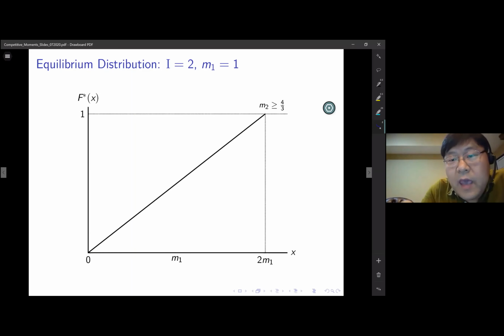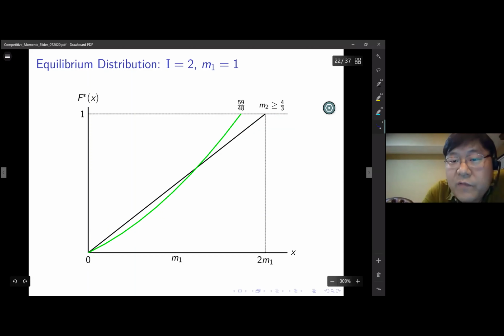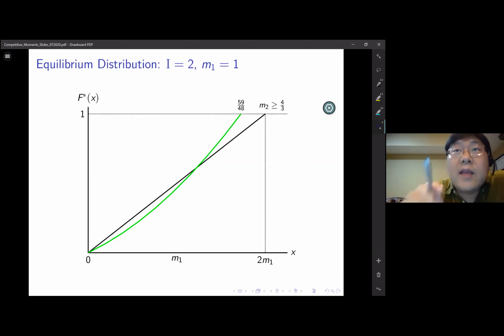If M2 is greater than or equal to 4 over 3, so it's sufficiently large, then only the first moment constraint binds. In this case, the equilibrium F star is linear. If you go below 4 over 3, for example 59 divided by 48, now lambda 2 is going to be positive, so the second moment constraint also binds.